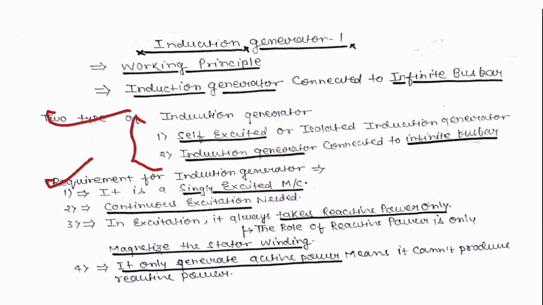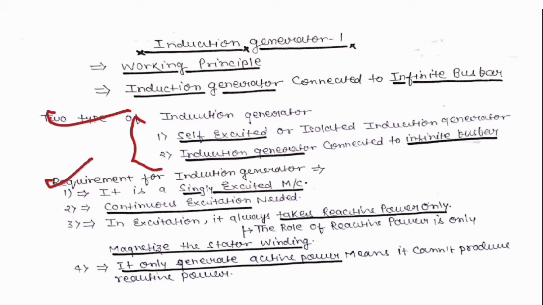Here the stator winding always gets the supply, and the rotor winding is either short circuited, in case of the squirrel cage induction machine, or, in case of the wound rotor, connected with external resistance. In both cases no source of excitation is given to the rotor winding. So this is called a singly excited machine.